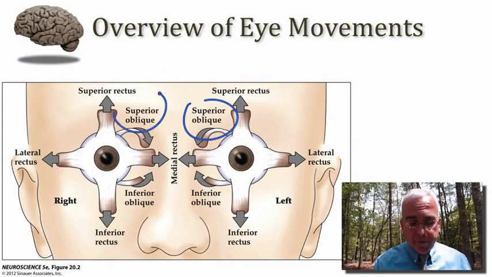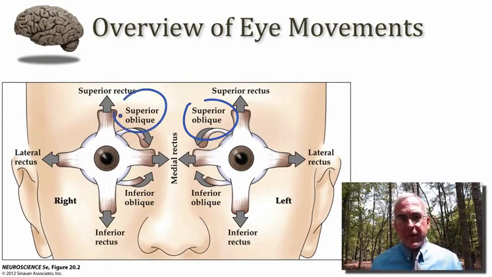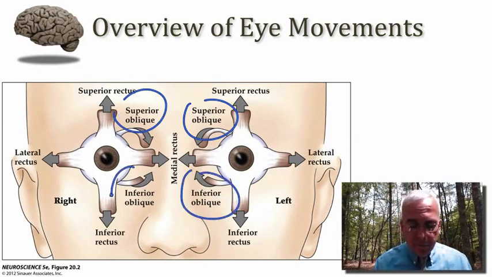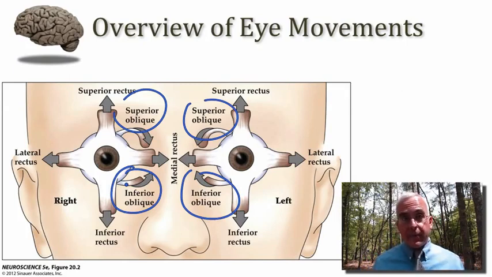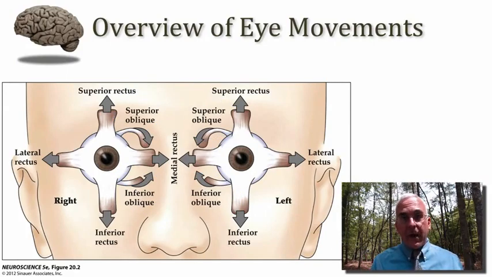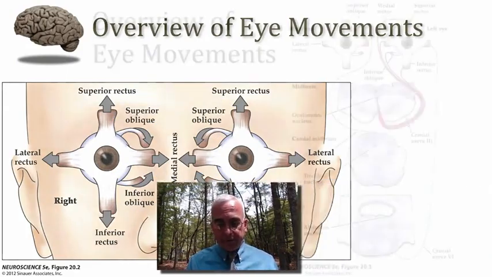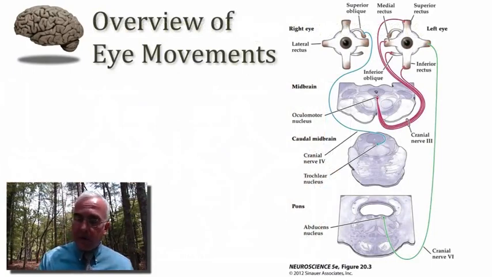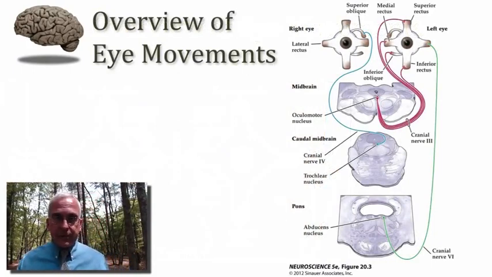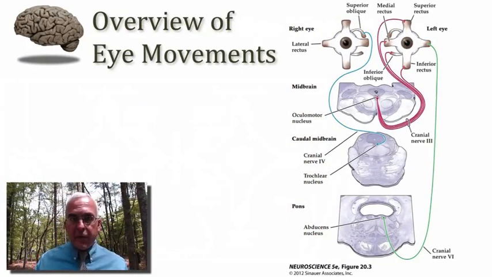There are superior oblique muscles that turn the eye downward and inward, and then there are inferior oblique muscles that rotate the eye outward and upward. Well, these 6 pairs of extraocular muscles are innervated by 3 pairs of cranial nerves. 2 of the nerves do just 1 muscle each, and then the third nerve does the remaining 4.